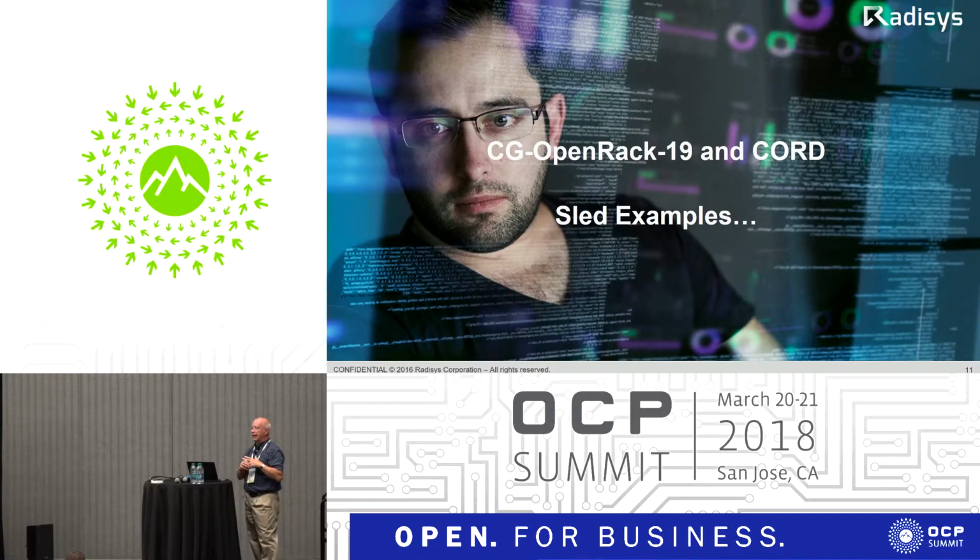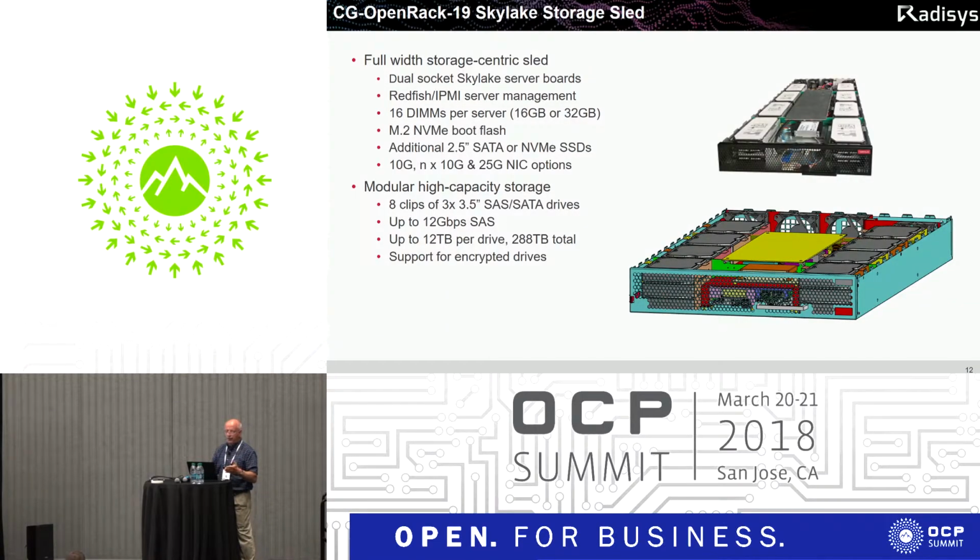Additionally, we have storage sleds that have much larger storage capacity. What I'm going to talk about here is, for example, a new storage sled that we've come out with, which has 24 drives in a modular configuration and a Skylake server.